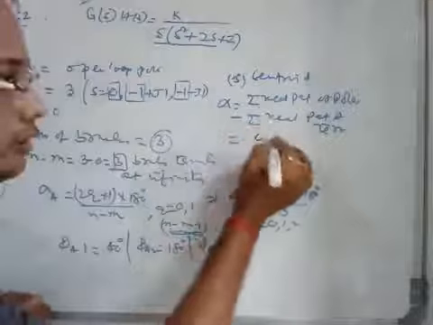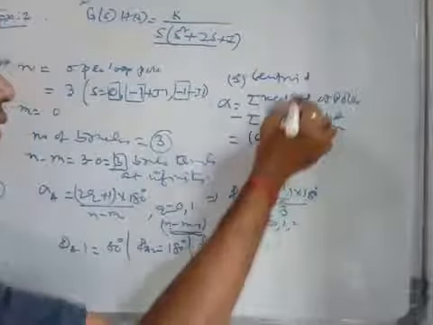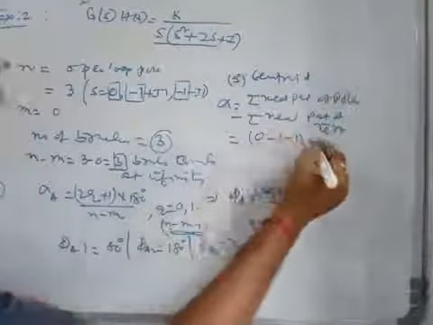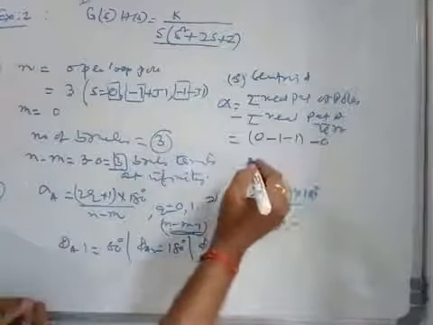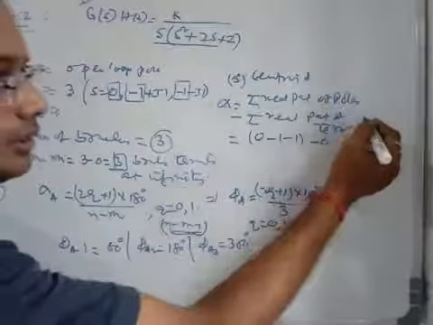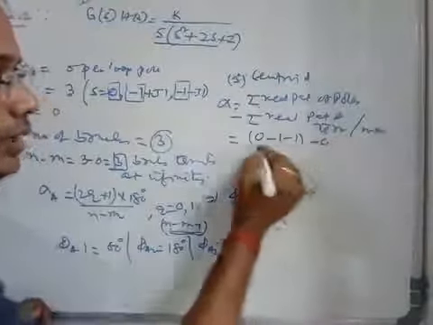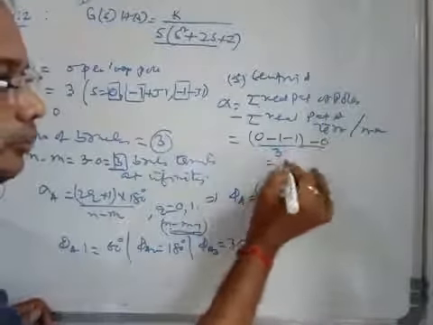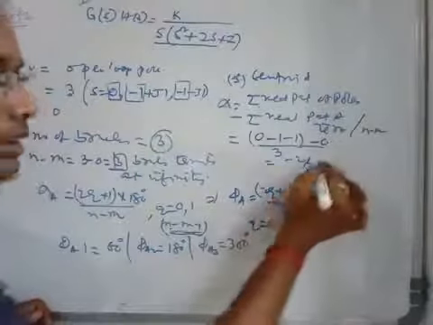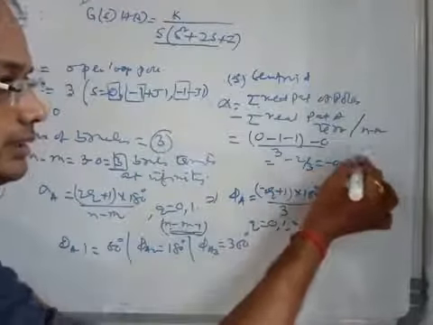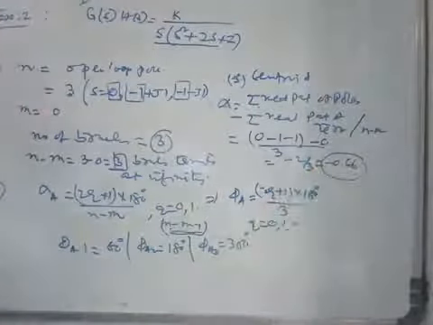So this is 0 minus 1 minus 1, the sum of the real parts of the poles, minus 0, divided by n minus m, which is 3. So minus 2 by 3, that is minus 0.67. This is the centroid.